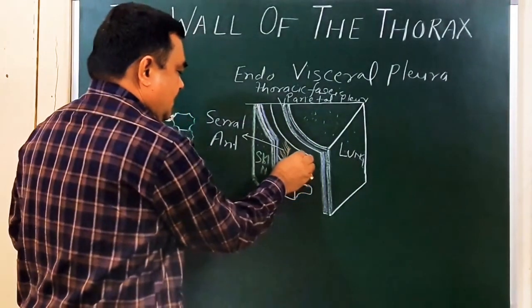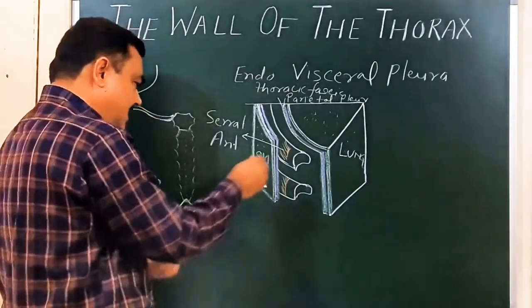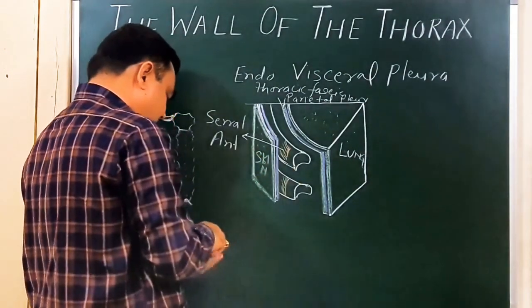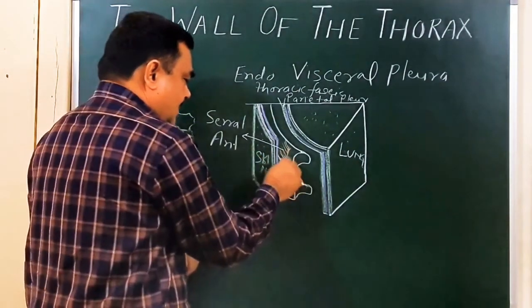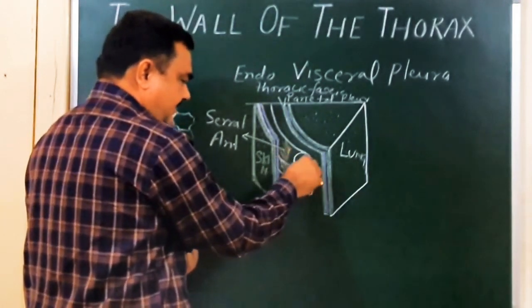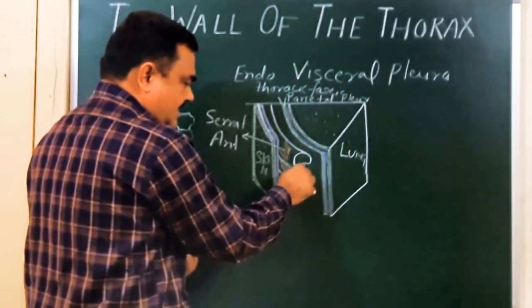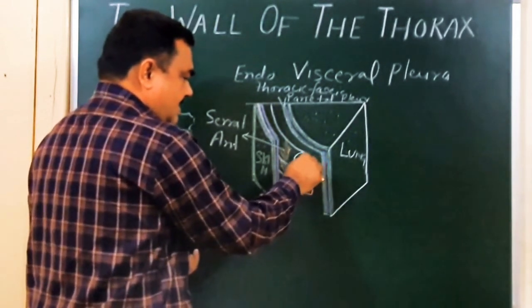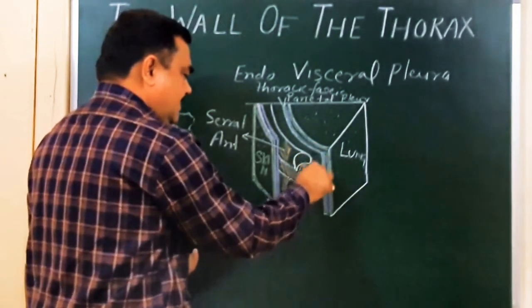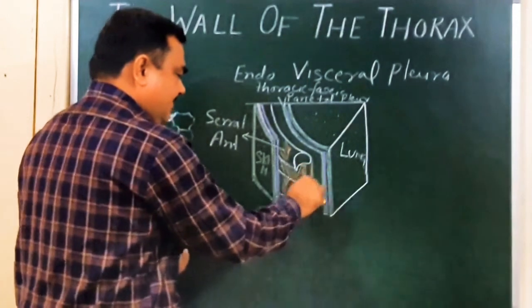This is the upper rib, this is the lower rib. Between these ribs, there are muscles: external intercostal, internal intercostal, and transverse thoracis muscle.